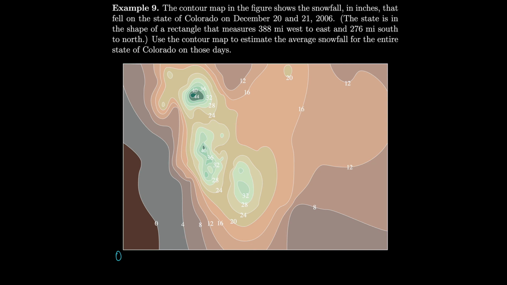So that means that x goes up until 388, and y goes up until 276. So I can write that x is between 0 and 388, and y is between 0 and 276.